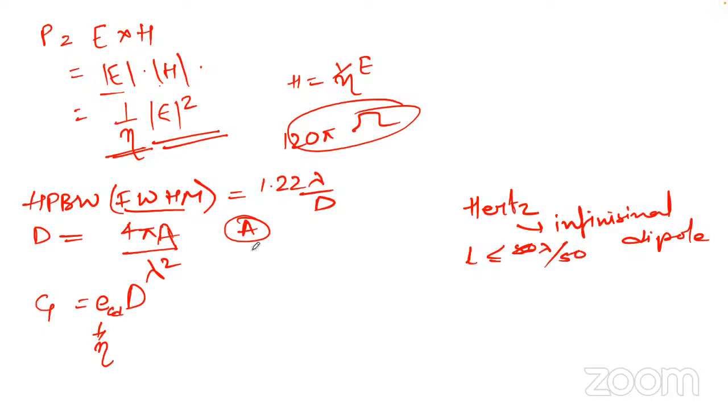This much small your dipole length is. So an infinitesimal dipole is very small and has nearly isotropic radiation. Now, as you increase the length of the dipole to say lambda by 2, it has omnidirectional radiation, but it looks like a figure of 8 if you view it from the side.